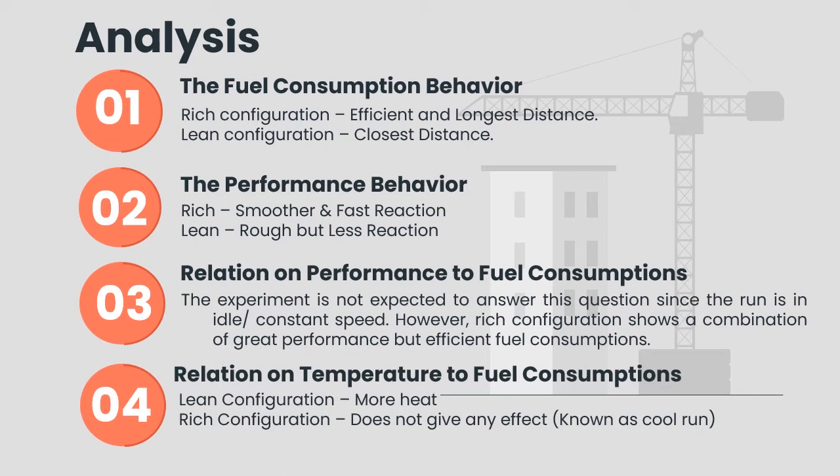It is only based on the human sense of what I am feeling. But the references show similar engine behavior for lean and rich configurations, where lean may result in a hot run or more heat, and the rich configuration is known as a cool run.